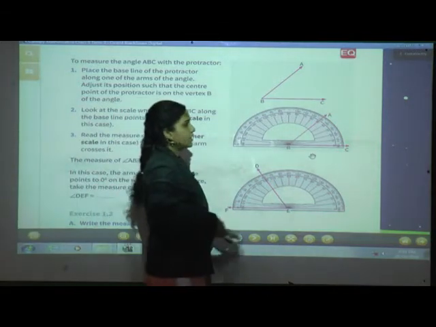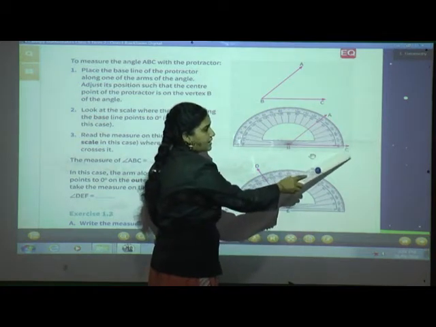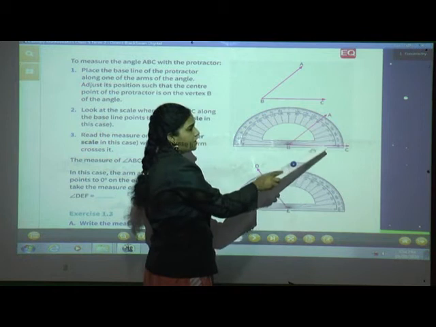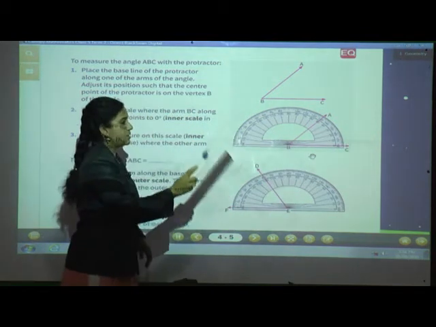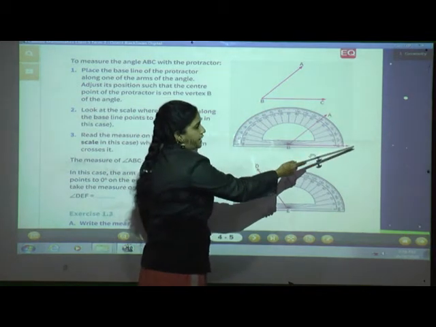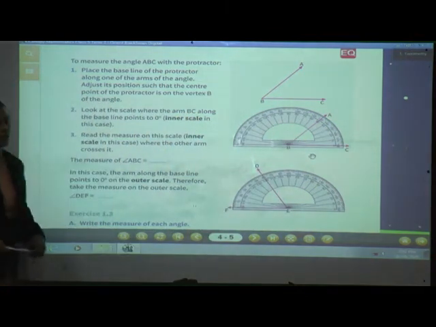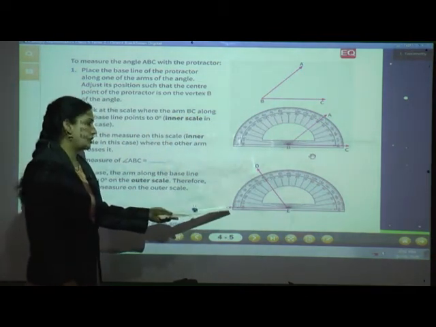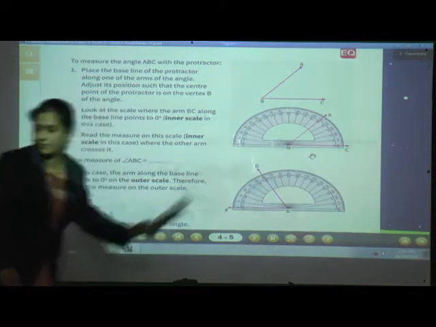If the arm is on the right side, you should measure the angle from the inner scale of the protractor. And if the arm is on the left side, you should measure it by the outer scale.